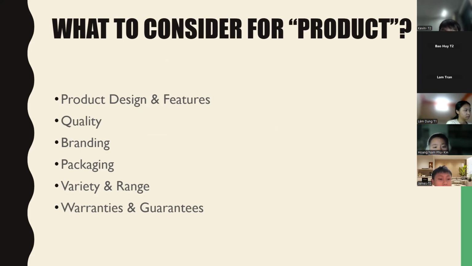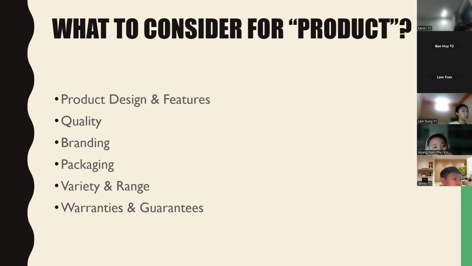Warranties and guarantees. Yes, for example, we need to let customers know about this, because this is a promise of the quality. If you are selling a room in your hotel to a customer, you can give them guarantees like, if the room is dirty, you will receive a new room, no service charge. And after you finish your vacation in our hotel, I can give you a voucher for the next trip.